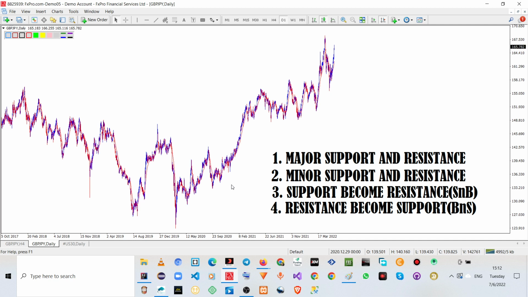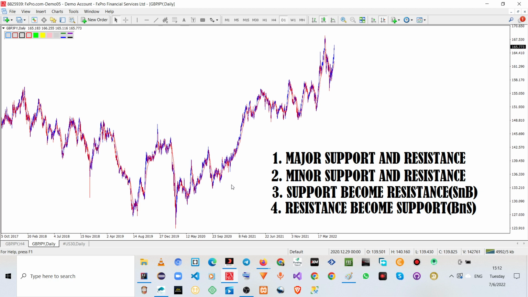The support and resistance strategy has existed ever since the markets started, ever since the introduction of the candlesticks and the line chart price. It has always been there.